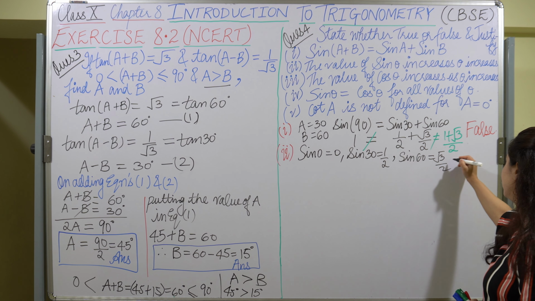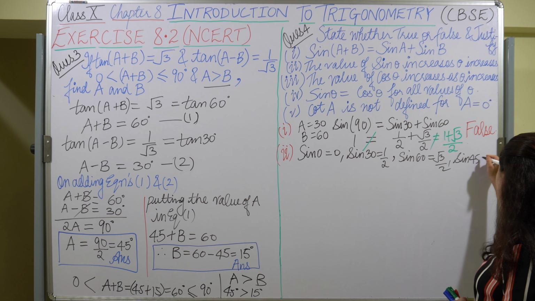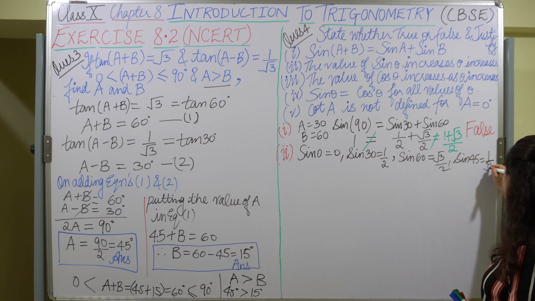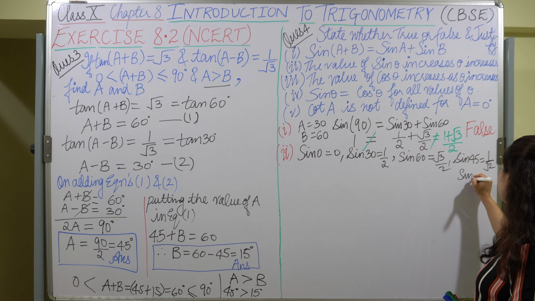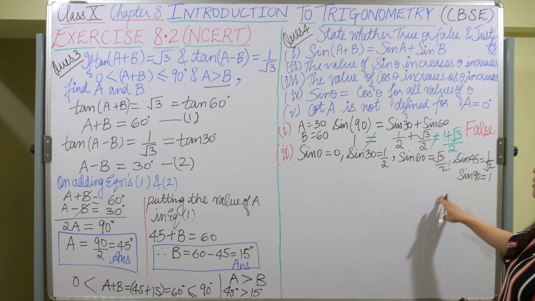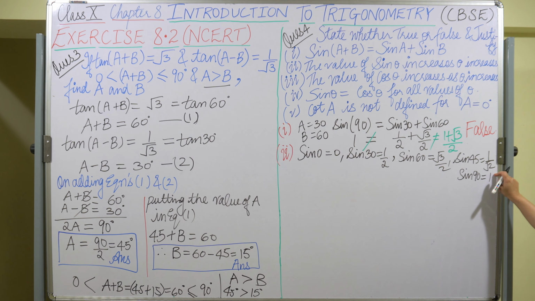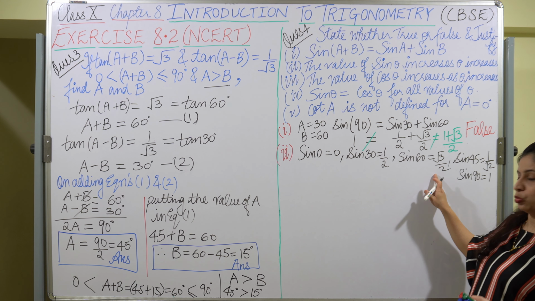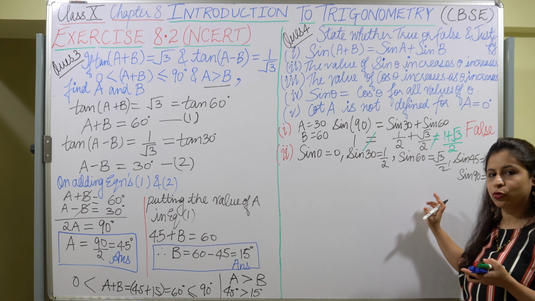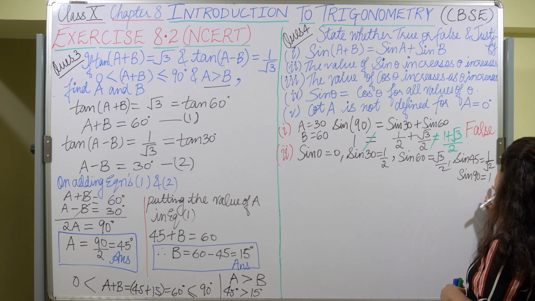Then sin 45 is 1 upon root 2. Then sin 90 is 1. Yes, we can clearly see that sin 0, then 0.5, then 1 upon root 2, then root 3 by 2, the value comes out to be 0.87. And sin 90 is 1.